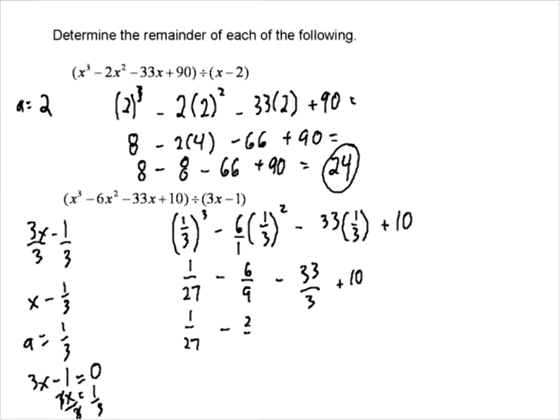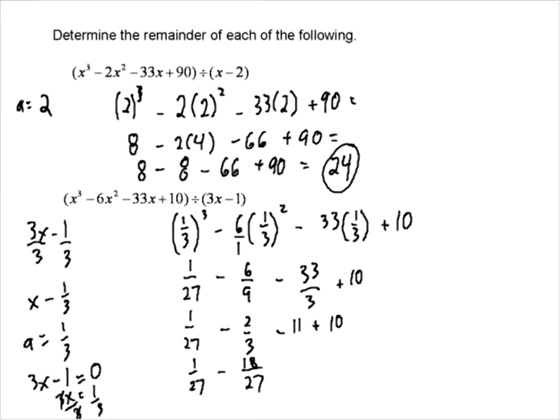So what's going to happen here is we're going to have 1/27 minus 2/3 minus 11 plus 10. And now we just put everything over 27. So this becomes 1/27 minus, now if we put this denominator over 27, that means we have to multiply it by 9. So top and bottom by 9 gives us 18/27.